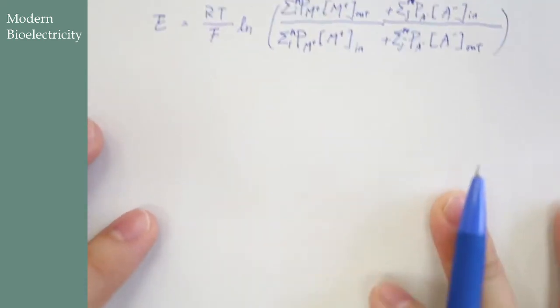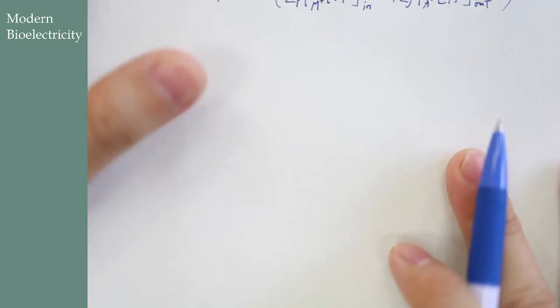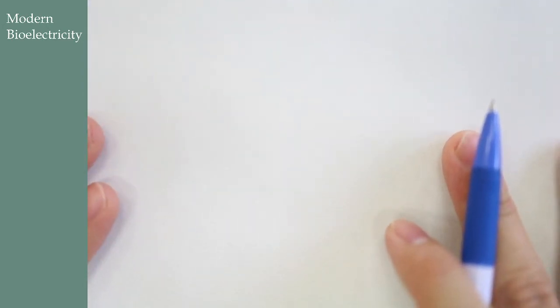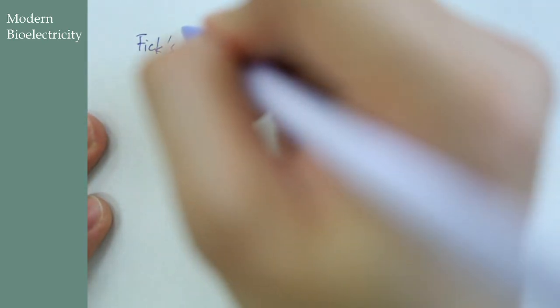We can use them to derive this Goldman equation. The Goldman equation is derived the same way as the Nernst equation. We need to follow three laws. First is Fick's first law of diffusion.